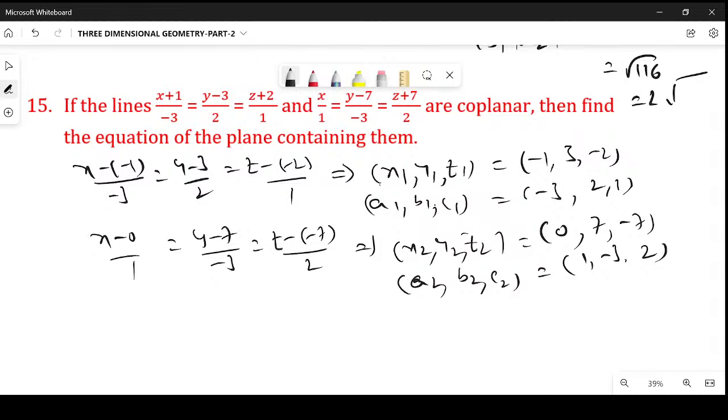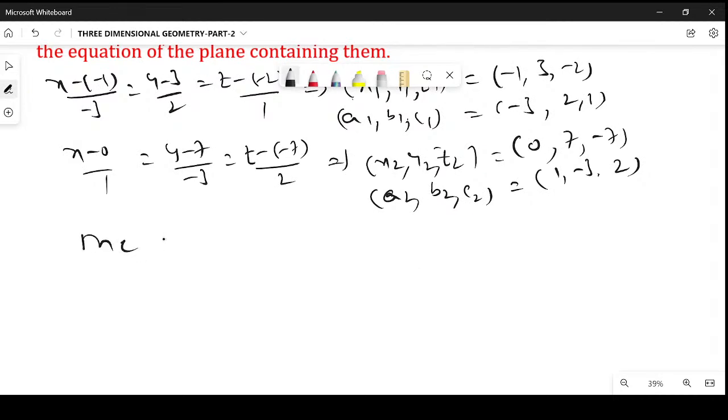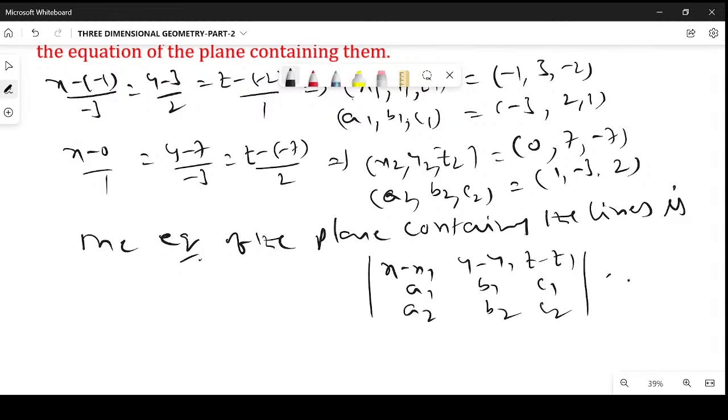The equation of the plane containing the lines is given by the determinant: x minus x1, y minus y1, z minus z1; a1, b1, c1; a2, b2, c2 equal to 0.